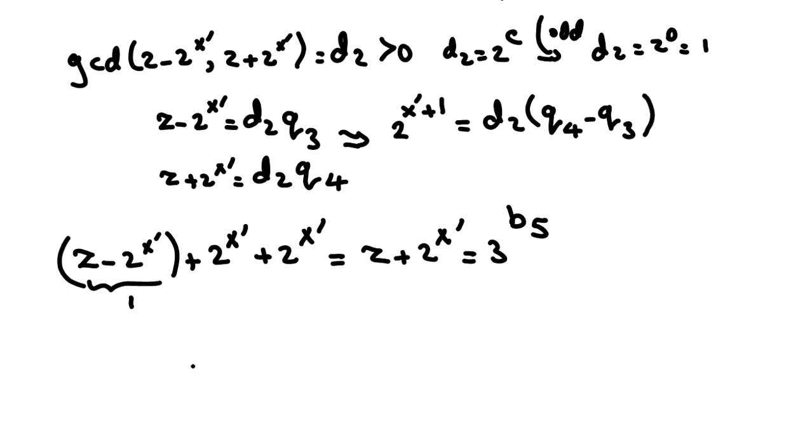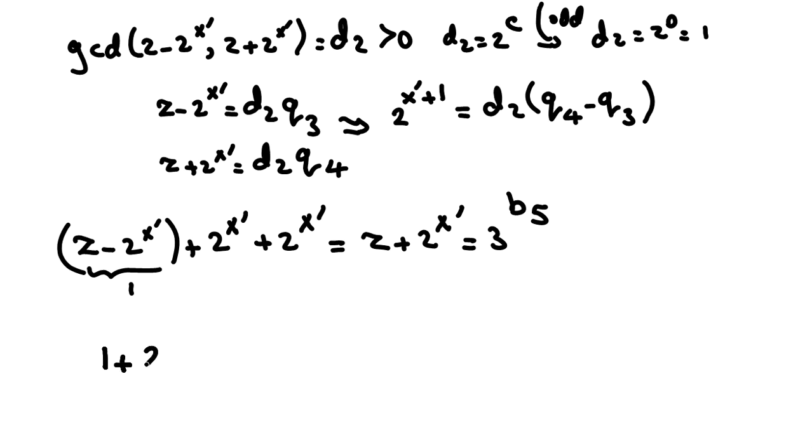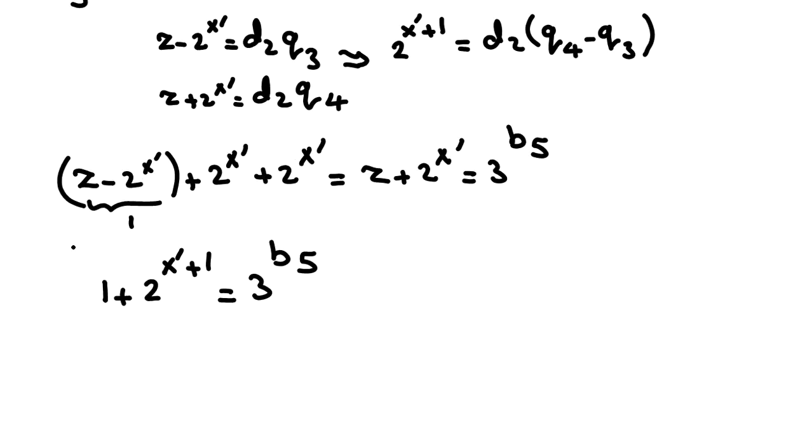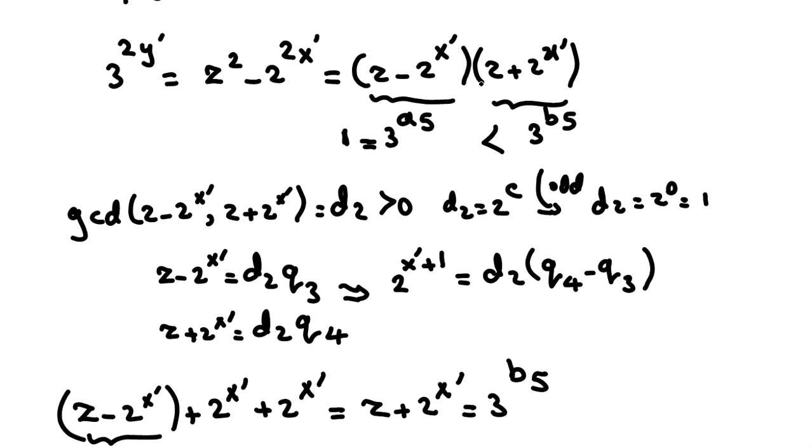So we've reached a new equation: 1 plus 2 times 2 to the x prime, which is 2 to the x prime plus 1, equal to 3 to the b5. So here, look, we know x prime is what?